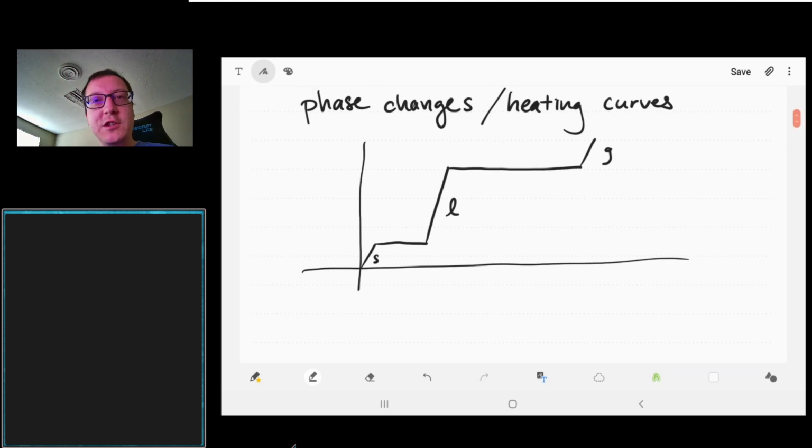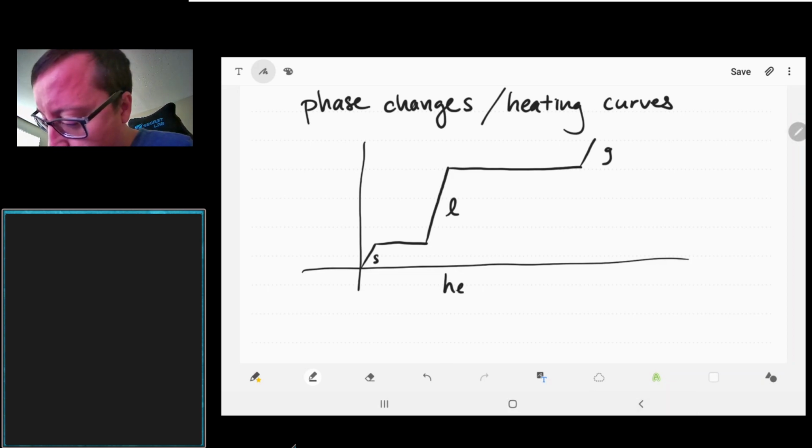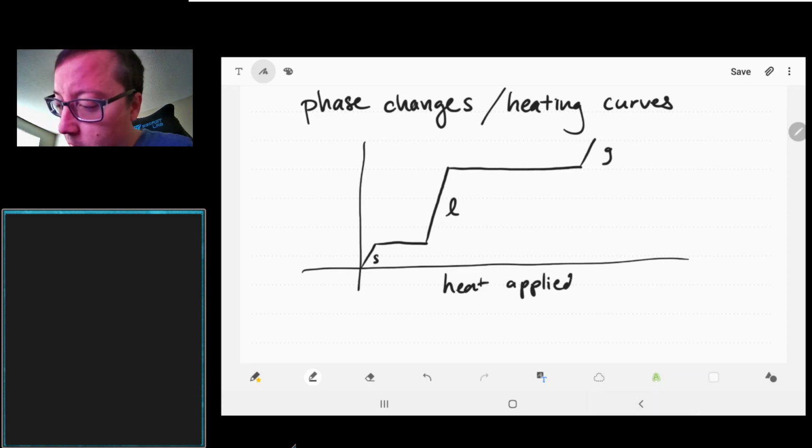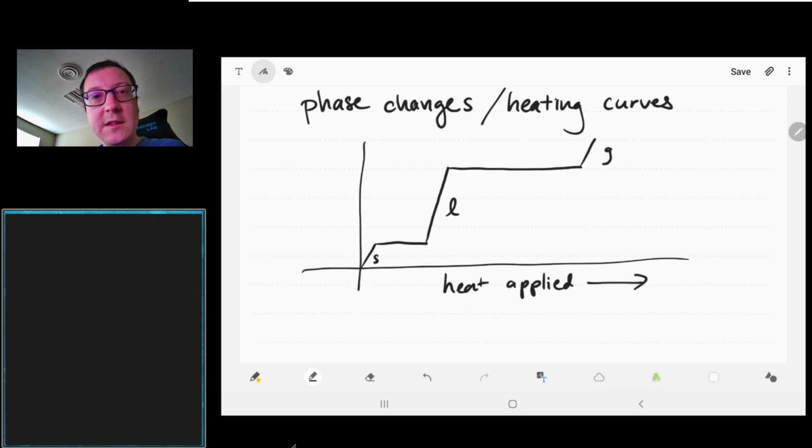We kind of finished talking about phase change diagrams, in particular heating curves like this, where we had some measure of heat that we would be giving to this system, and then we had temperature as the other axis.